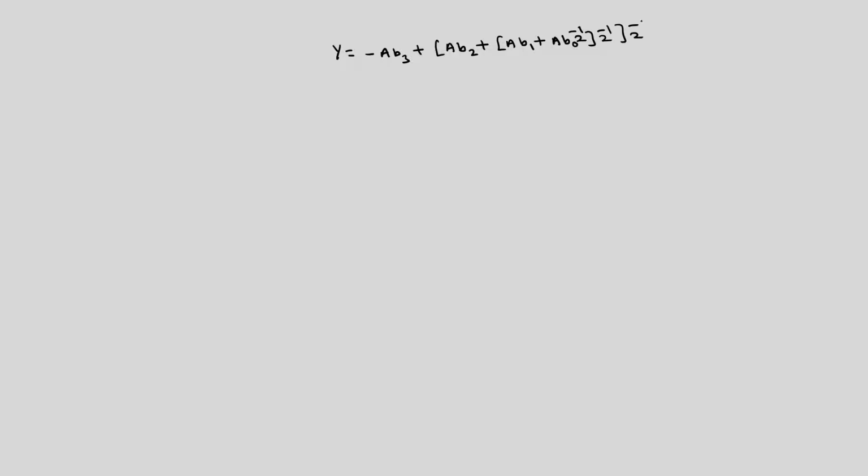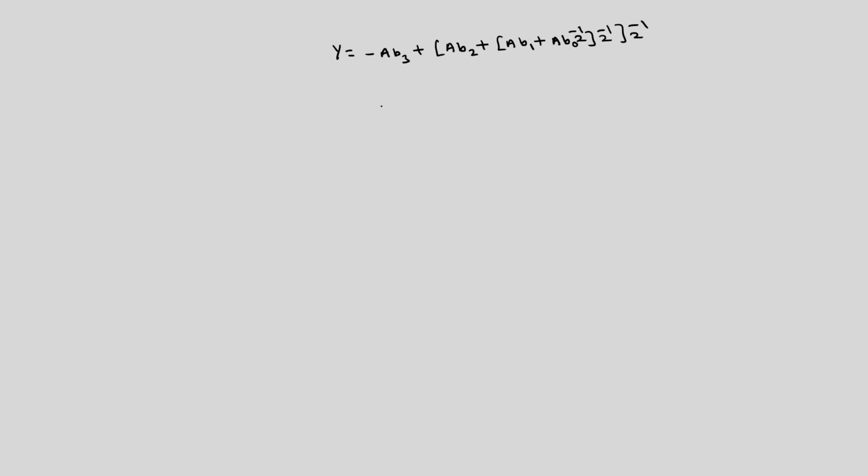Now, coming to this algorithm. So, the value of y we have obtained is minus AB3 plus AB2 plus AB1 plus AB0 2 raised to the power of minus 1, whole into 2 raised to the power of minus 1, whole into 2 raised to the power of minus 1. This is what is Horner's rule. Okay.